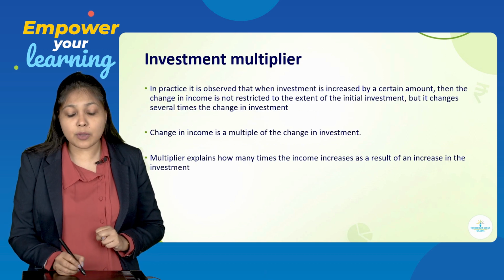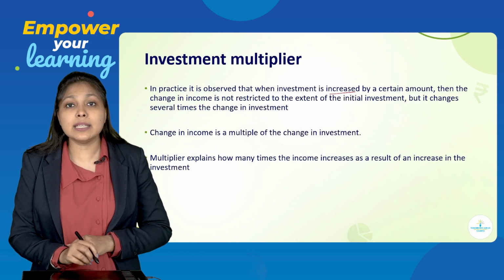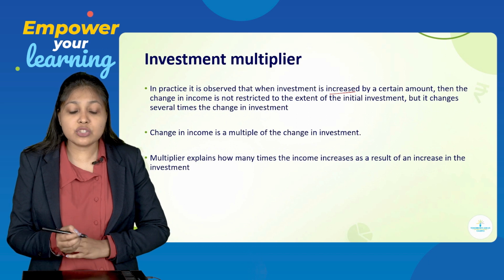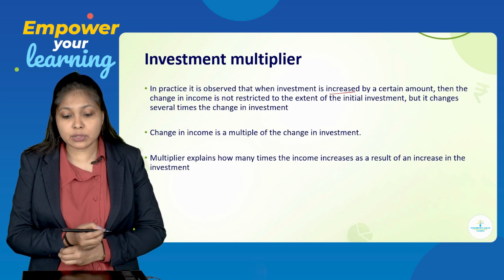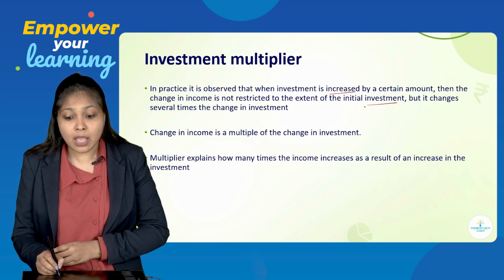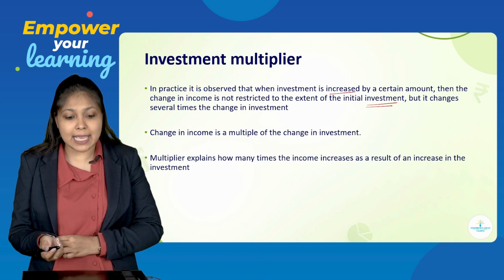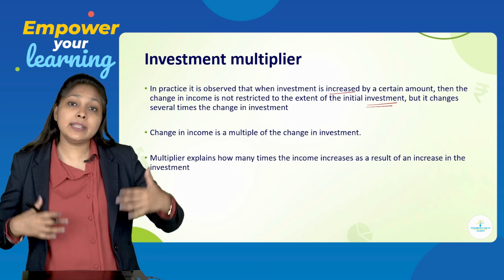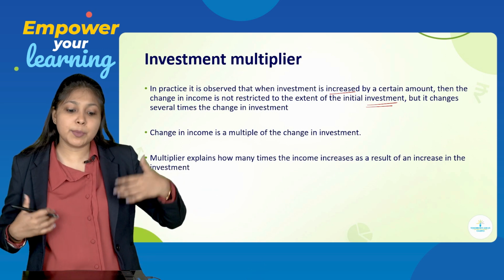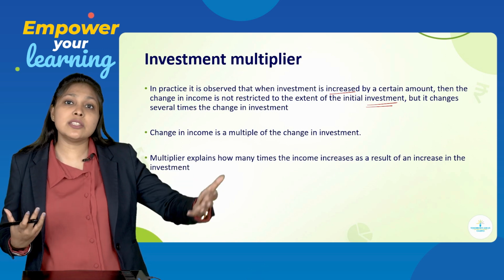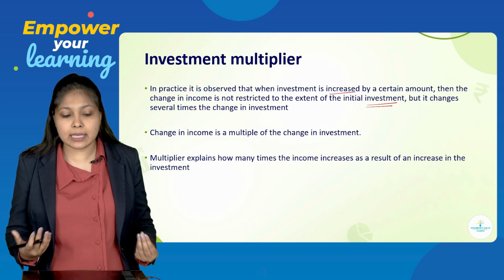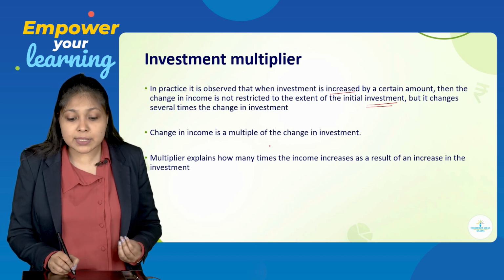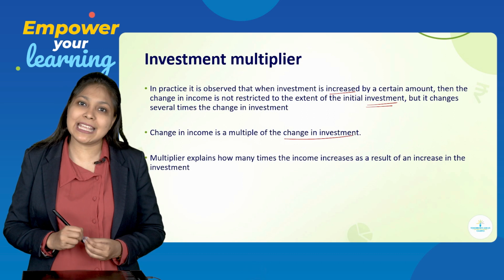In practice, it is observed that when investment is increased by a certain amount, the change in income is not restricted to the extent of the initial investment, but it changes several times over. So when the investment changes, it also changes the income of the economy. So change in income is a multiple of change in investment.